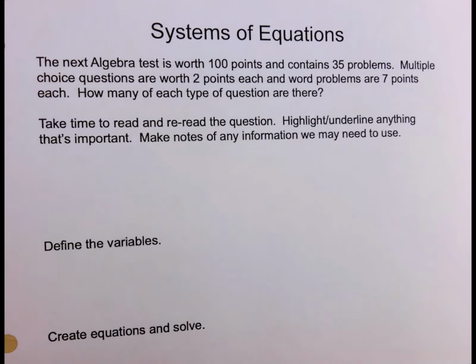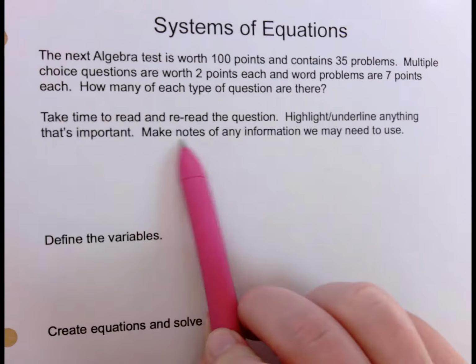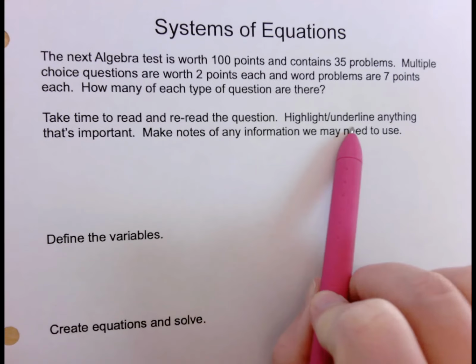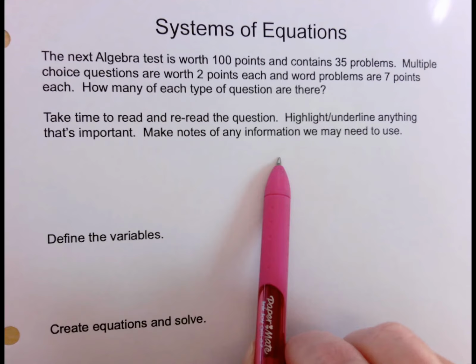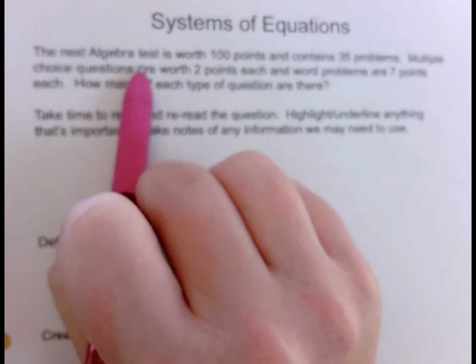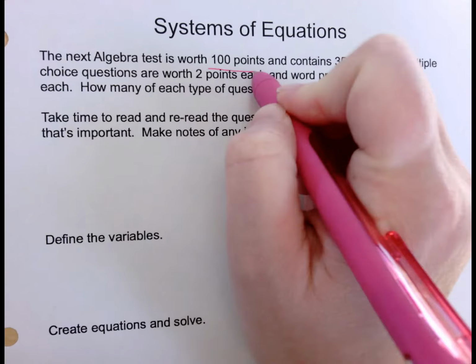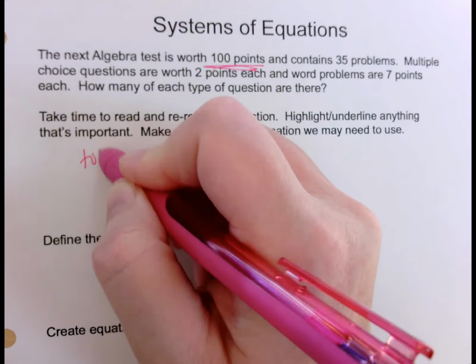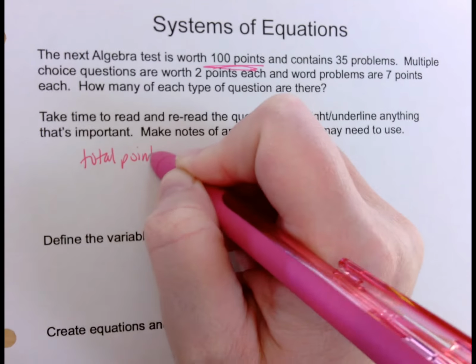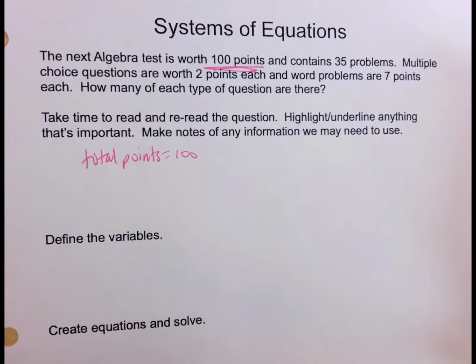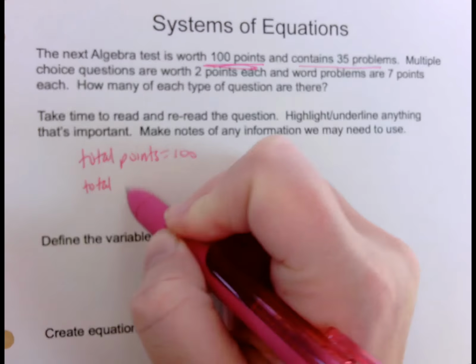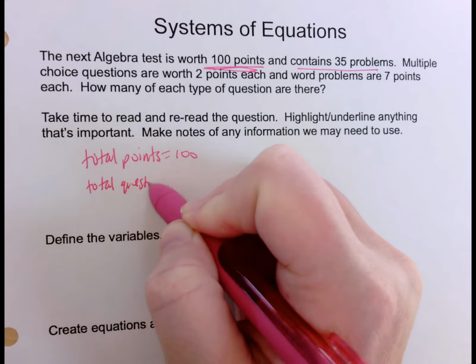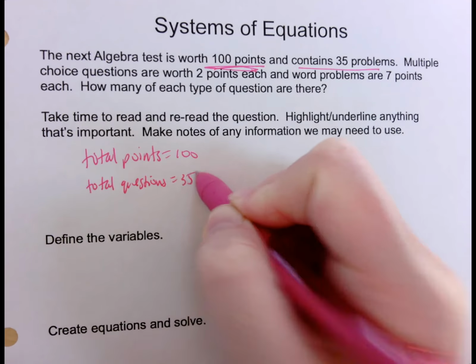So first thing we need to do is read and reread the question, highlight or underline anything that's important, and then make notes of the information that we may need to use. Okay, so we know that there's an algebra test and it's worth 100 points. So total points equals 100. That's important. It contains 35 problems, so total questions, there's 35 of them.